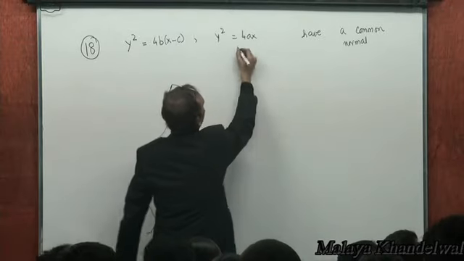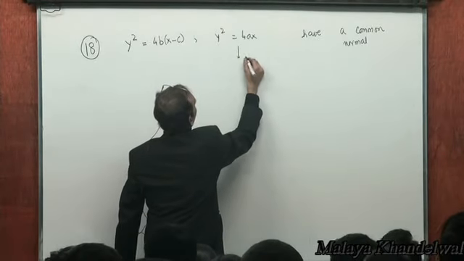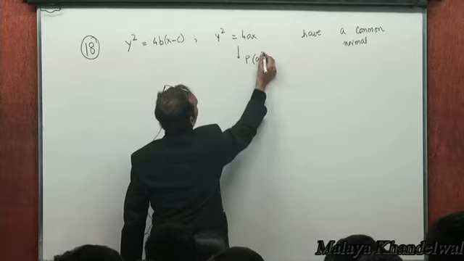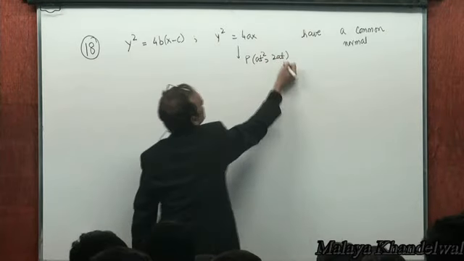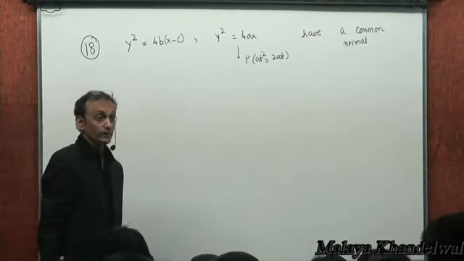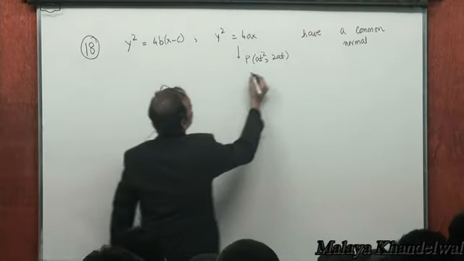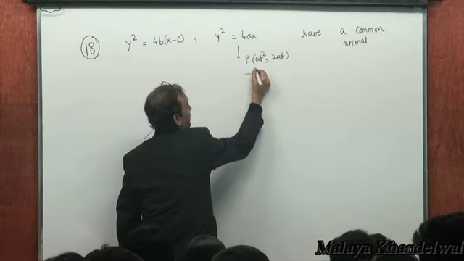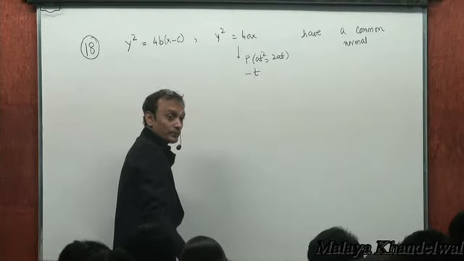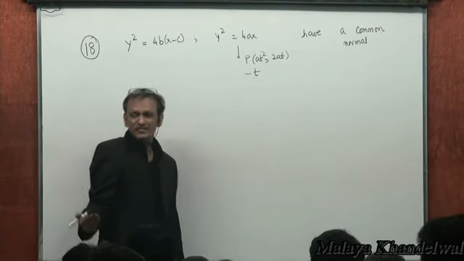Now, any point on this parabola is (at squared, 2at). That's any point on this parabola: x is at squared, y is 2at. As we have seen before, the slope of the normal at any t would be minus t for this standard parabola, so I'm not revisiting that.